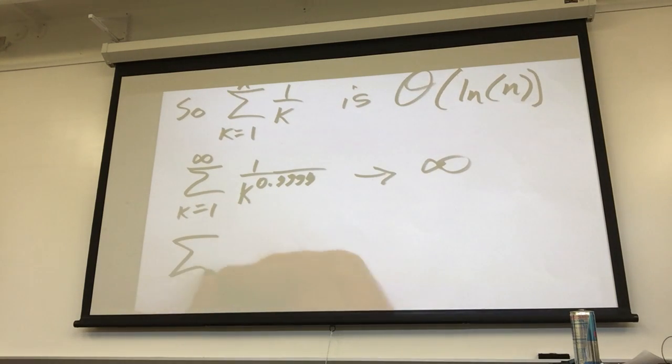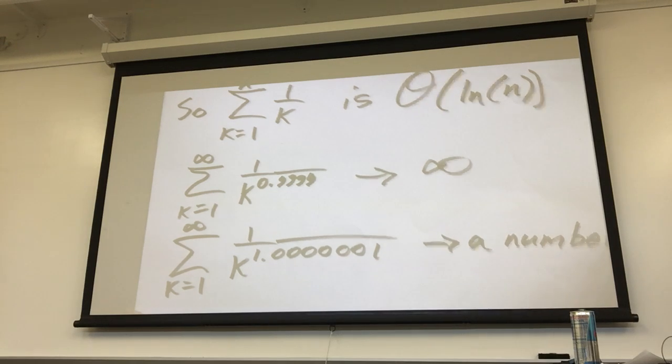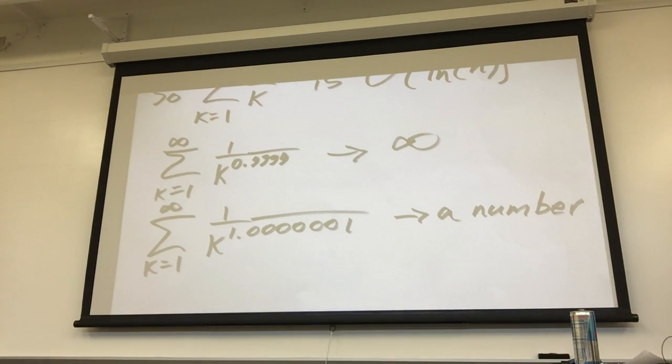But if I said the sum k, which equals 1 to infinity, of 1 divided by k to the 1.00... Okay, so the harmonic series itself, its growth towards infinity is literally a dividing line between convergent series and divergent series.